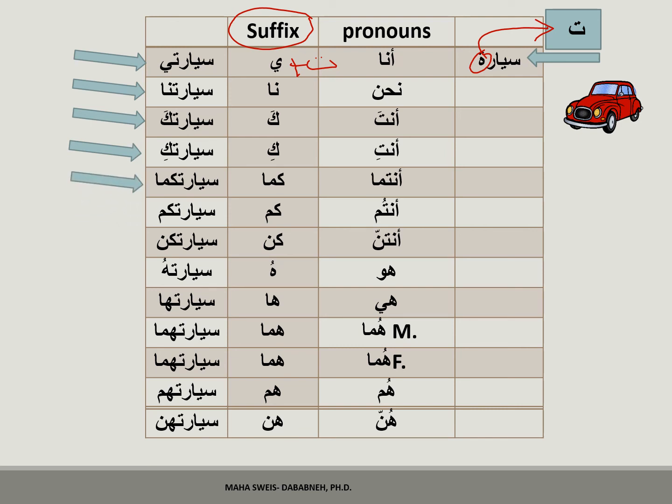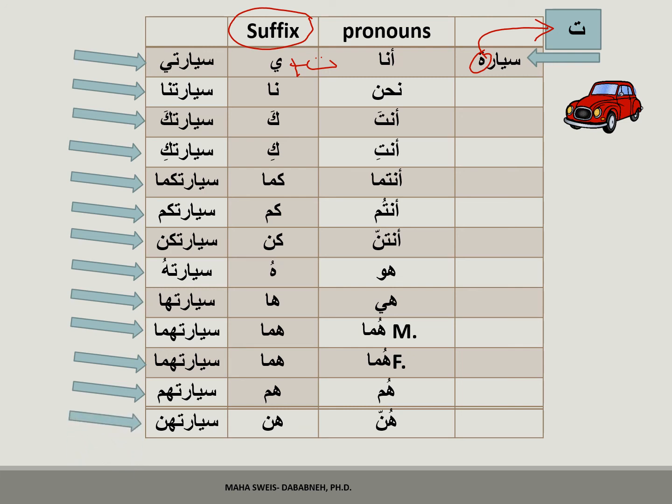We need ta every time. سيارتكم. سيارتكن. سيارته. سيارتها. سيارتهما, dual noun, both of them the same. سيارتهم. سيارتهن. Remember again, the last 4 pronouns, we suffix the same thing, the same pronouns.